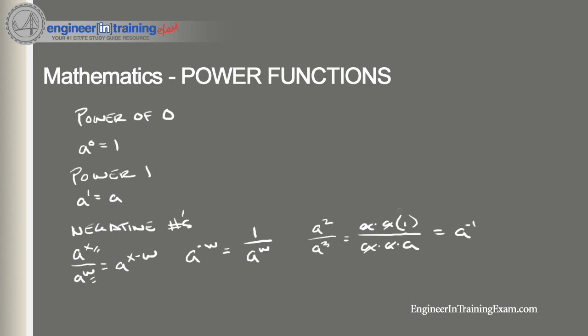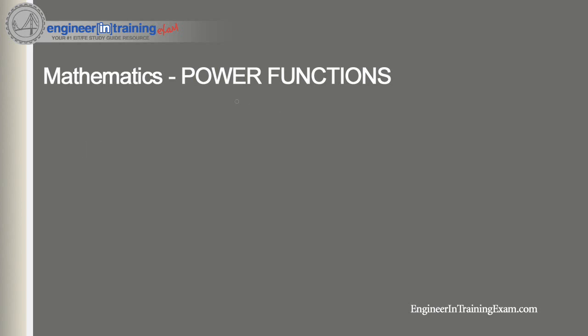So now lastly, let's look at the dreaded fractions. When a base is raised to a fraction, let's say 1 over n, for definition purposes, that function can be rewritten as the nth root of a.